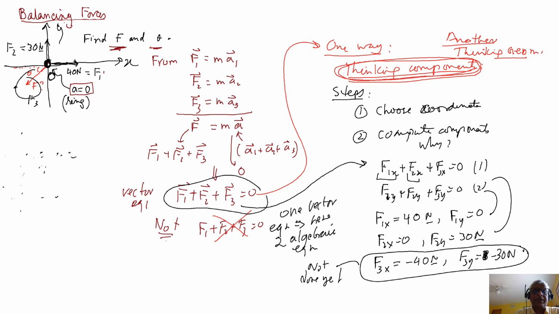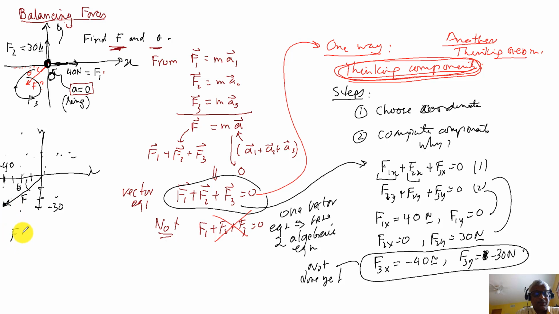So let's work that out over here. We have this x and this y. We have minus 40 Newton in the x direction, and minus 30 Newton in the y direction. And so that's the vector, that's where the f is, and this angle is over there. So that's where the third vector is pointed.